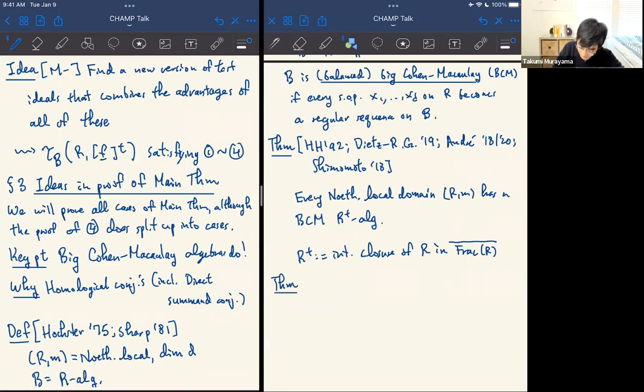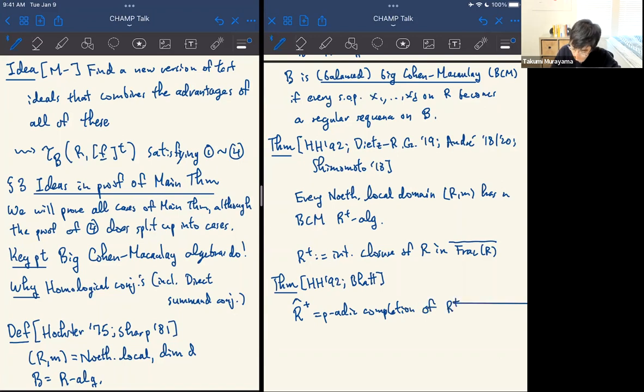All right, and these are kind of hard to get a handle on, but in specific cases, we know exactly what they can look like, or there are examples, you know what they are. So this is due to Hochster and Huneke and Bhargav, which says that if you take the p-adic completion of R plus, this is a big Cohen-Macaulay algebra.